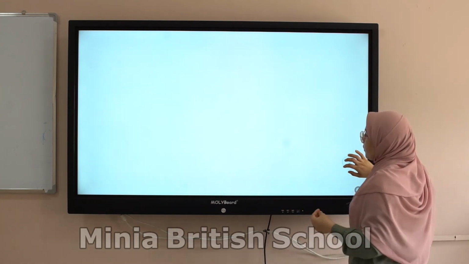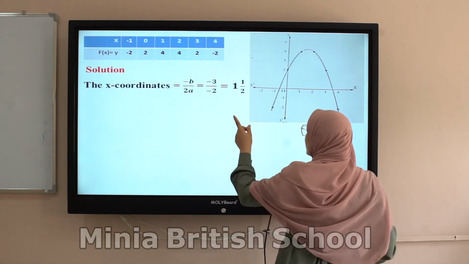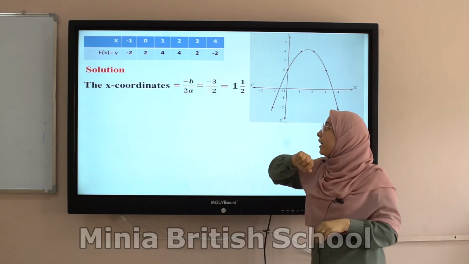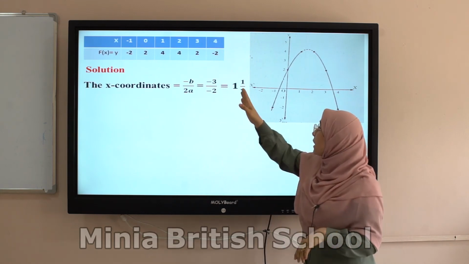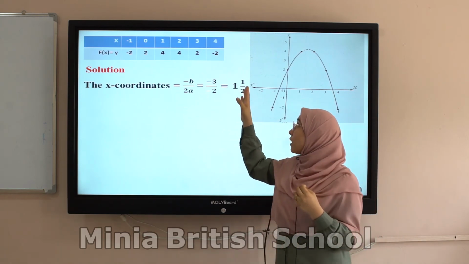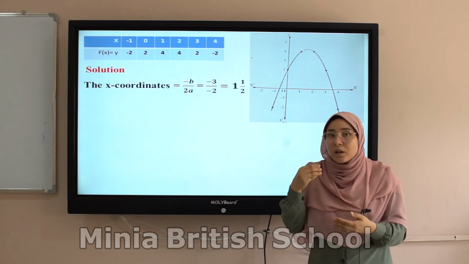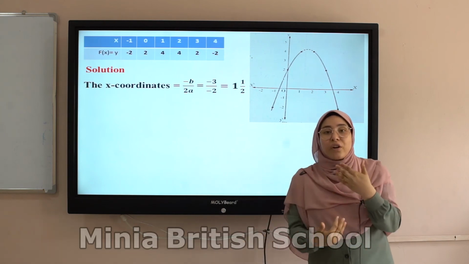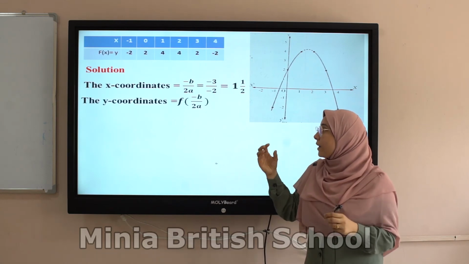So here the x coordinate equals negative p over 2a, which equals negative 3 over negative 2, which equals 1.5. So the value of the x coordinate equals 1.5. Now I will substitute 1.5 in the function rule to find f(x), the value of y.